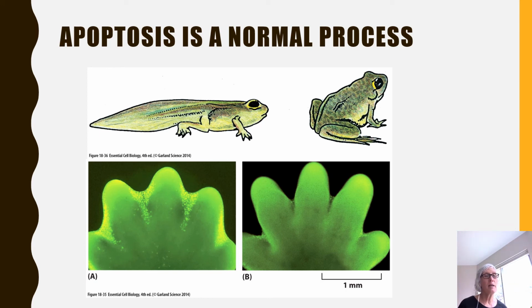Similarly, each of us during development have webs between our fingers. If development occurs properly, those webs disappear by the time we're born. The process of apoptosis drives the dissolution of those webs between our fingers.